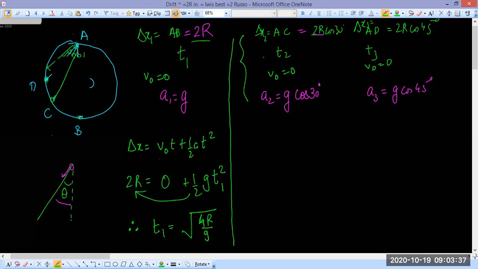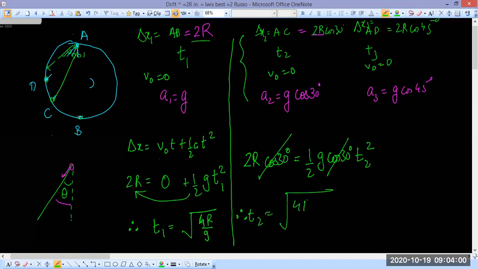Check your calculation, Harsh. So, do you all realize that you are going to get 2r cos 30 degree equal to 1 by 2 g cos 30 degree t2 square. So cos 30 cancelled and the answer is same. Third, same answer.